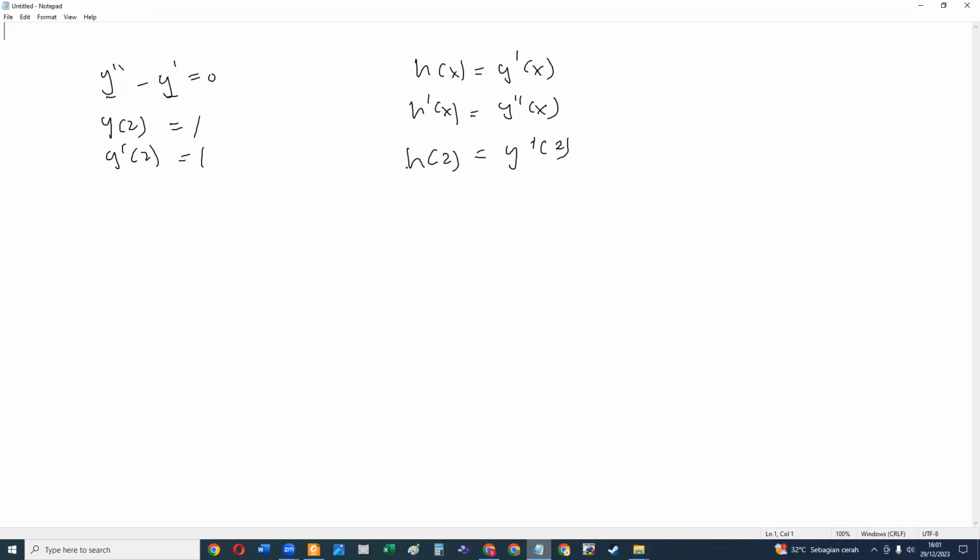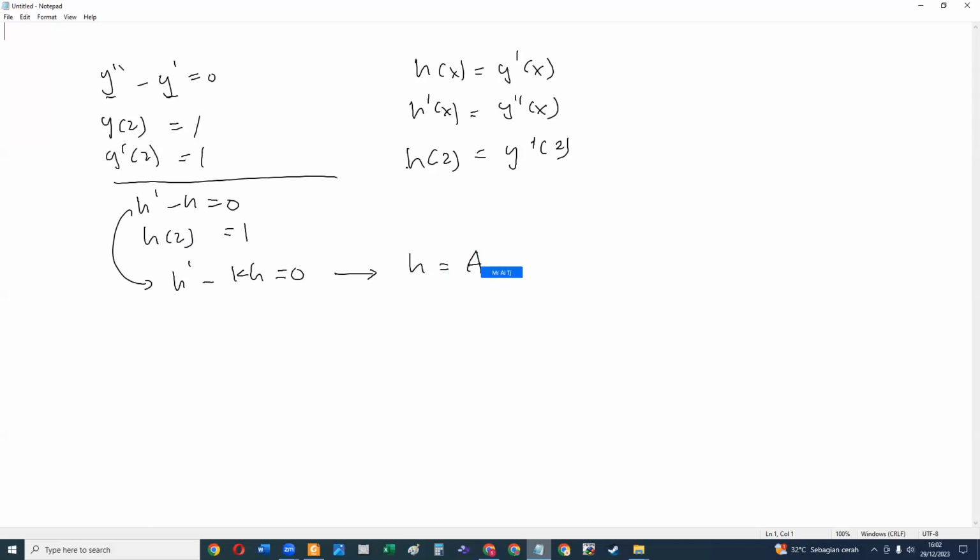Now, with this information, we can write this as h dash minus h equals 0, with h of 2 being 1. We already know how to solve this type of question. Think of this like h dash minus kh equals 0, and the answer is h equals a e to the power of kx.